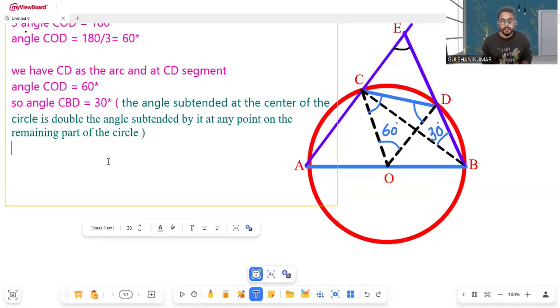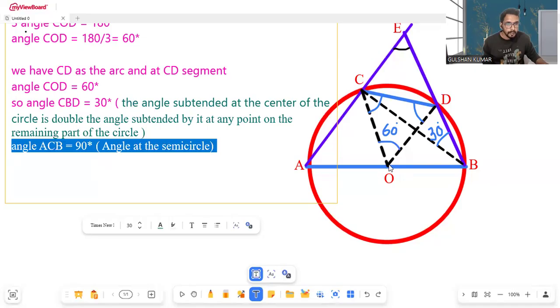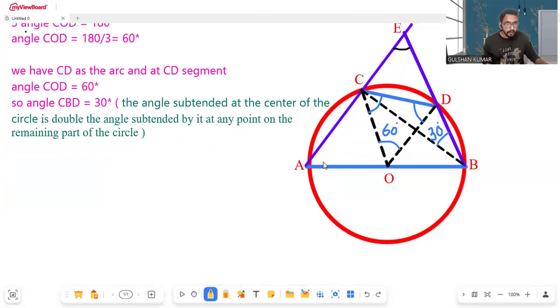Now angle ACB equals 90 degrees because it is an angle in a semicircle. Then the angle in the semicircle will be 90 degrees. This particular angle is a 90-degree angle, so we have to mark it here.